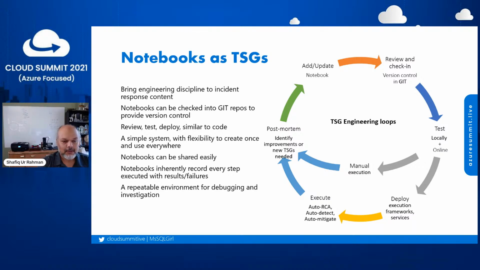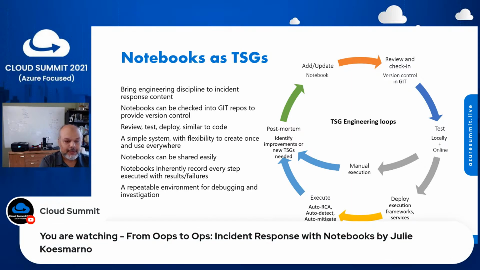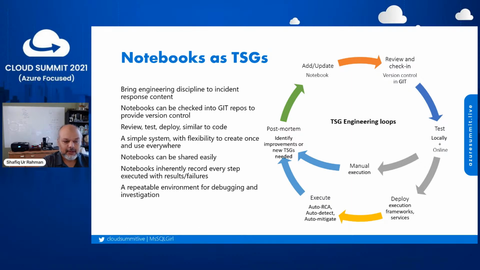So the developer, when they're handling an incident, would go and manually execute it. And then, as you do with incidents and tickets, if you have post-mortem meetings, that's where you would also identify improvements you need to make to your TSGs or new TSGs which need to be added, and you can create tasks for that and keep doing this loop and improving your process over time.